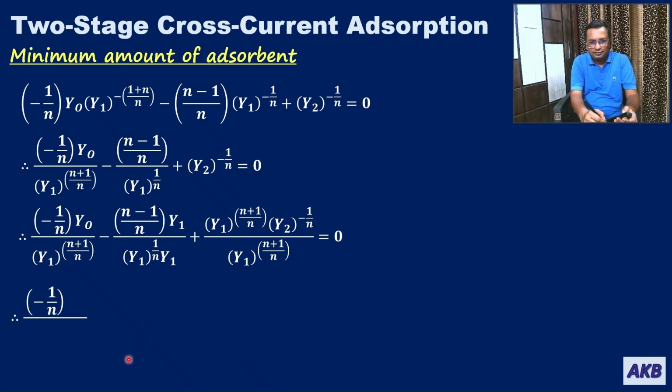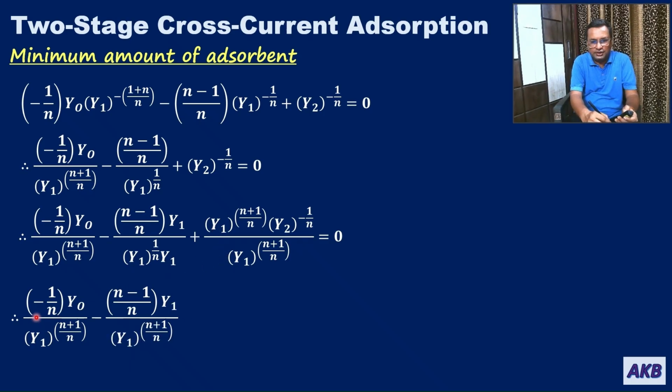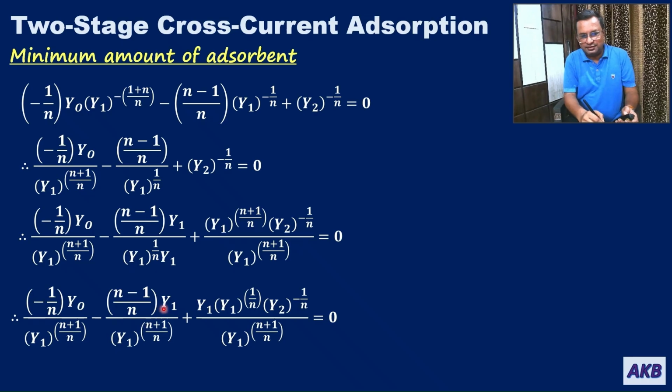Then in the next step, I will have a common denominator, or I will just do one more simplification. So it is minus 1/n into capital Y0 divided by capital Y1 raised to (n plus 1)/n, minus (n minus 1)/n into capital Y1 divided by capital Y1 raised to (n plus 1)/n, plus Y1 into Y1 raised to 1/n.